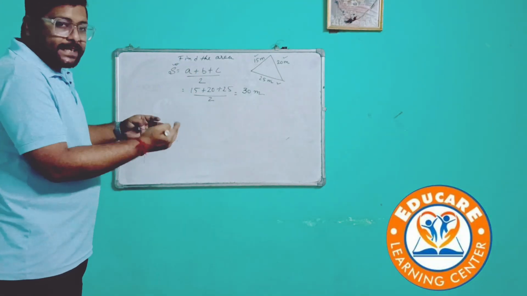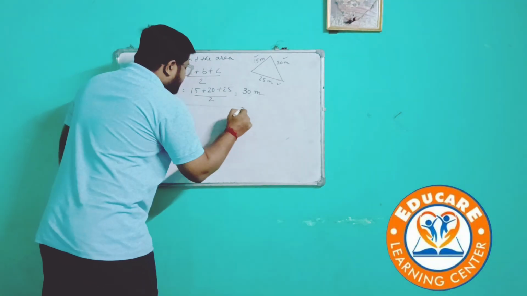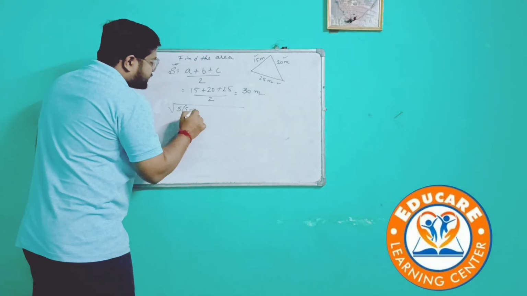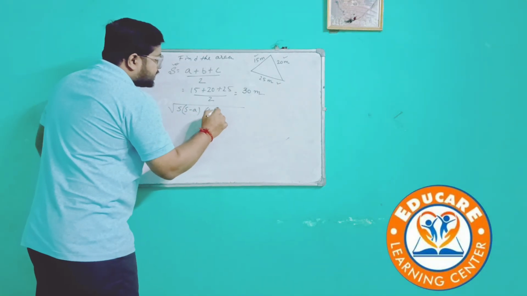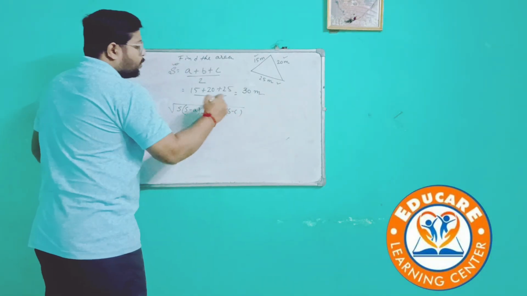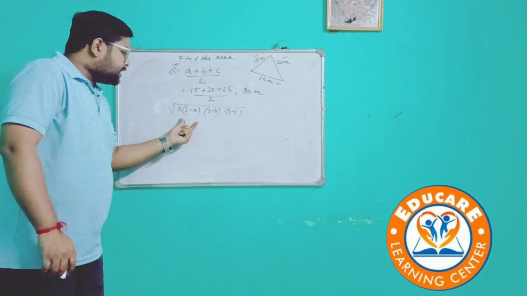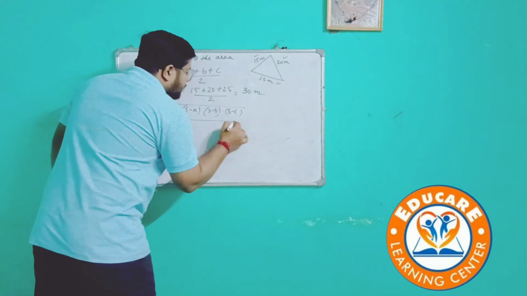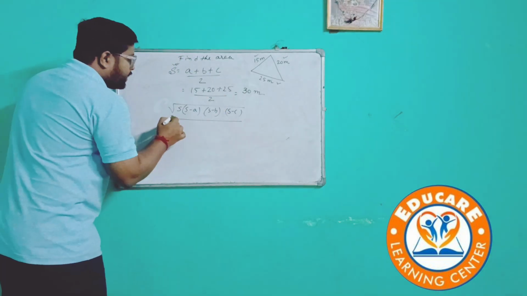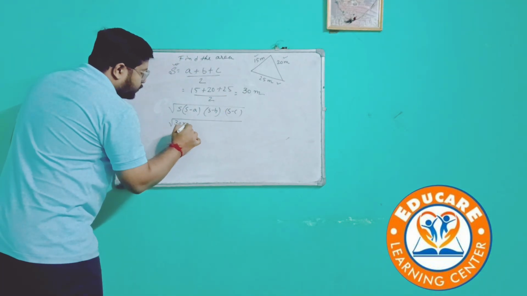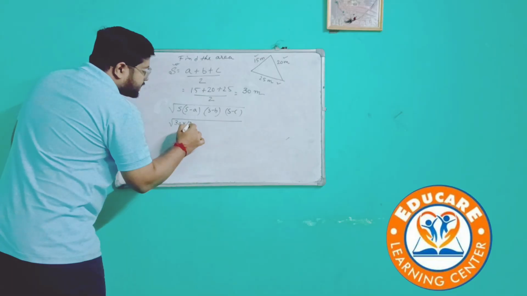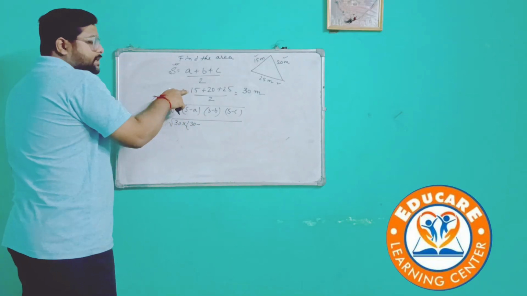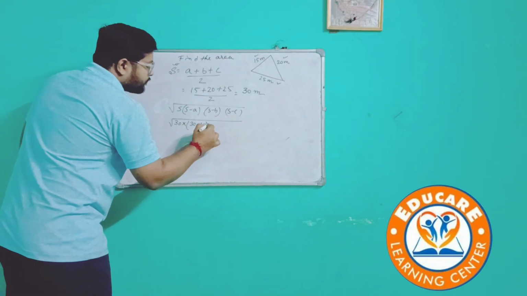Now let's move on to the second part of the formula. Our formula says root of S into (S minus A), (S minus B), (S minus C). Now just put the values. The value of S we have already found, 30, into S minus A. So 30 minus the value of A, which was 15, so put 15.